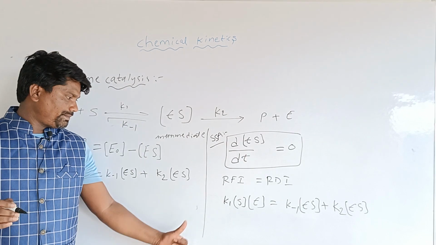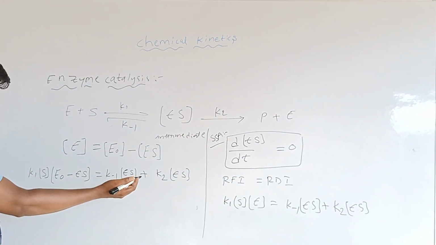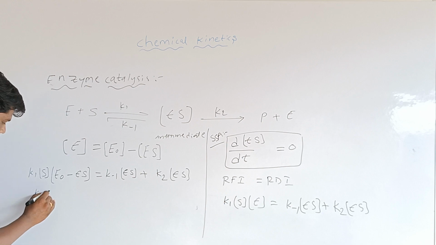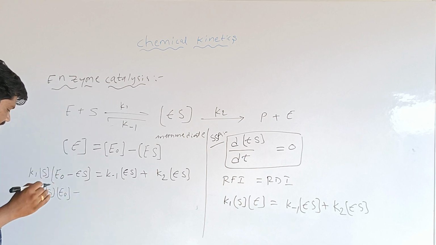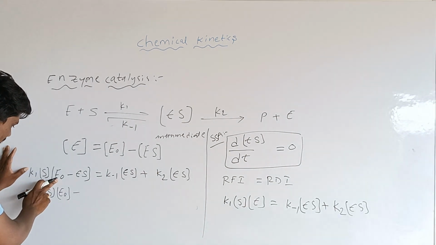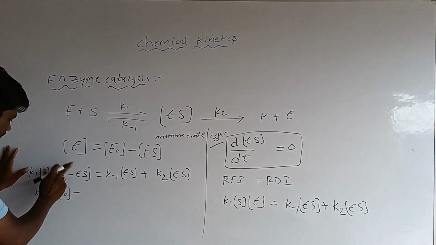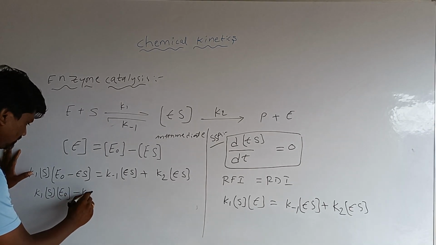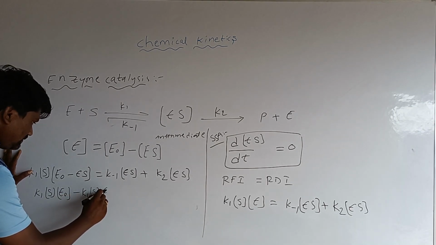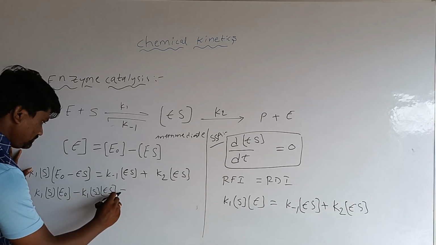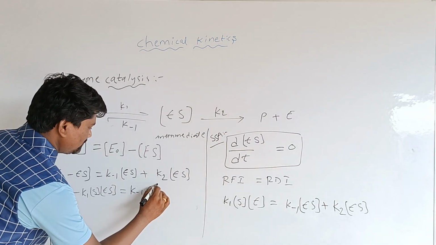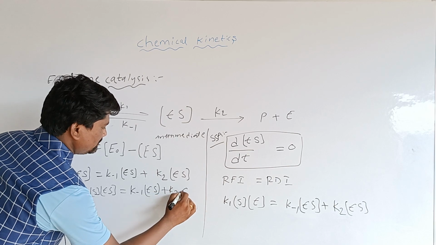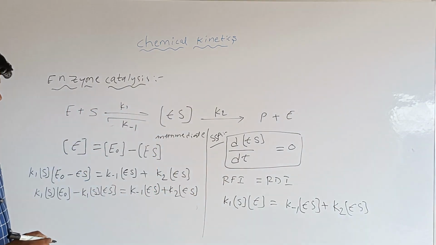Expanding, K1 S E naught minus K1 S ES is equal to K inverse ES plus K2 ES.